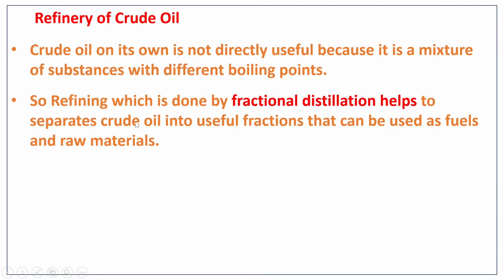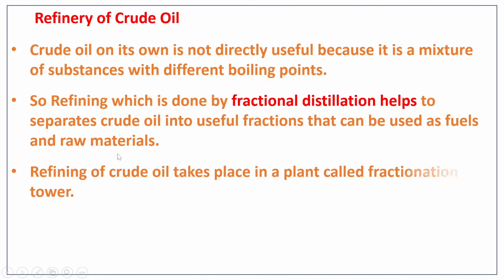So refining, which is done by fractional distillation, helps to separate crude oil into useful fractions that can be used as fuels and raw materials. So here, refining of crude oil takes place in a plant called the fractionating tower.